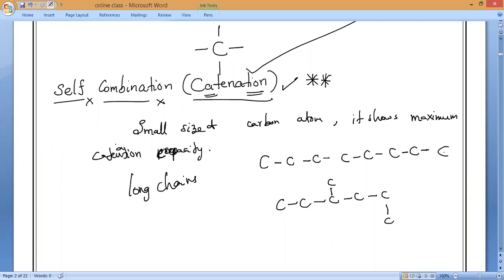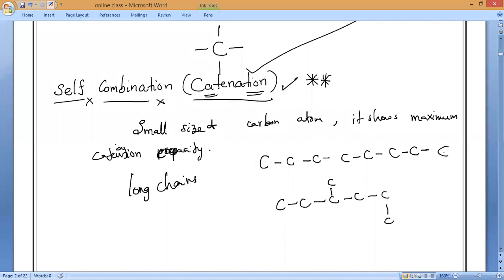It will form millions of compounds because of this property. So maximum catenation property is shown by carbon. No other element has this nature, which can form very, very long chains. Have you all understood? Please respond, guys.